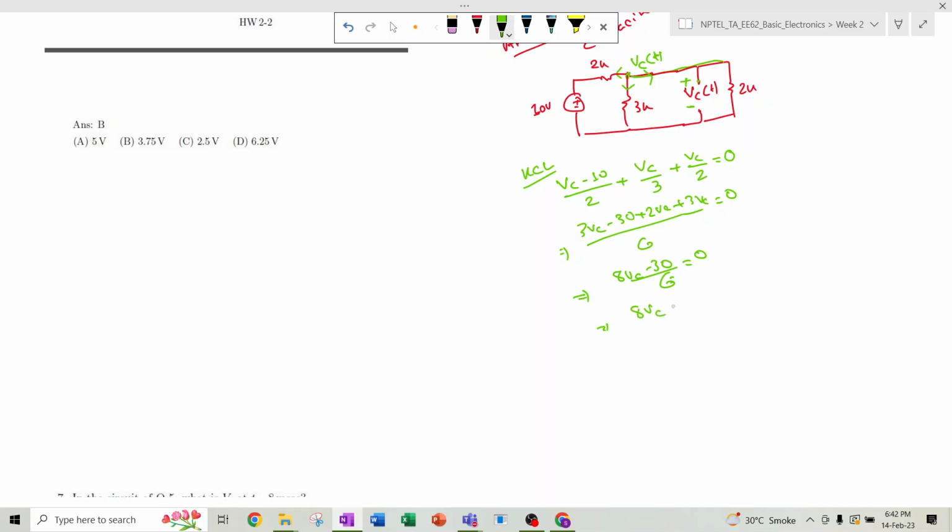That means 8Vc minus 30 equal to 0, or Vc will be 30 divided by 8. If we do 30 divided by 8, it comes out to be 3.75 volt.